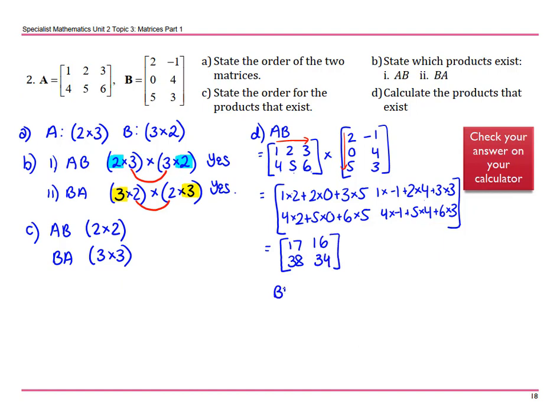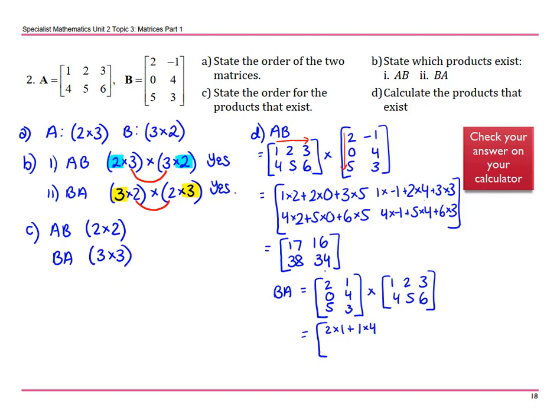Now let's do BA. I'm going to go across because I'm going to run out of room. So now I've got [2, 1; 0, 4; 5, 3] times [1, 2, 3; 4, 5, 6]. So 2 times 1 plus 1 times 4.